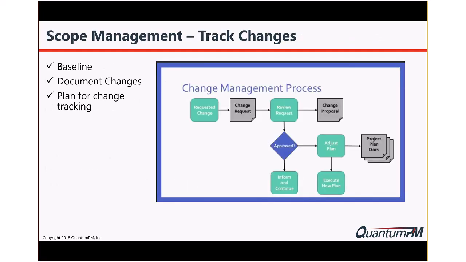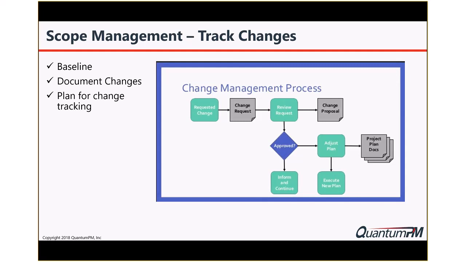Scope management, one of my favorite topics because it never goes away. It's really important to be able to track changes, again telling that story about what's happened on your project. Where did you start and where did it go? And it doesn't have to be overly bureaucratic. So I threw in here a very simple change management process where something comes in. You want to have a formal process that says, are we going to do this or not?